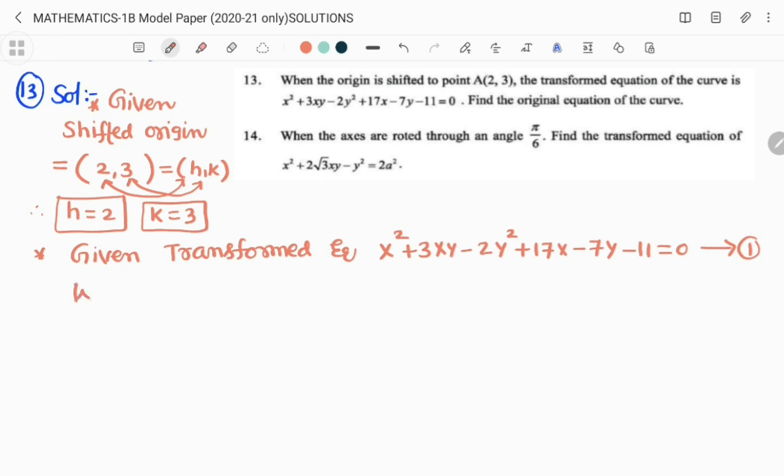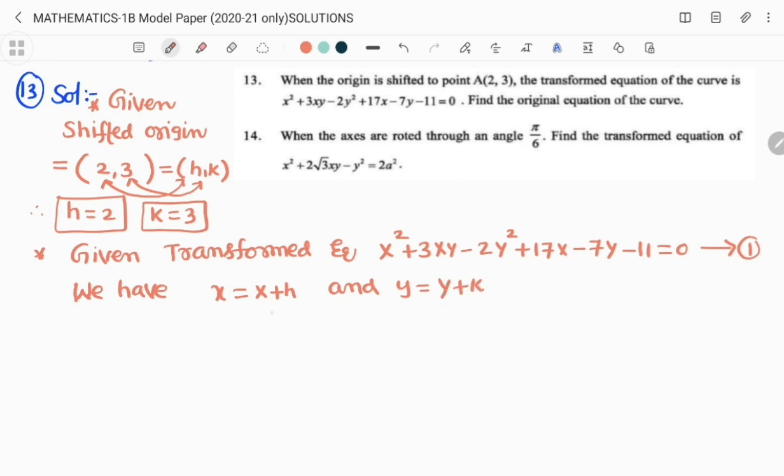So we have the relation between the transformed point, old point and shifted origin: small x is equal to capital X plus h and small y is equal to capital Y plus k.